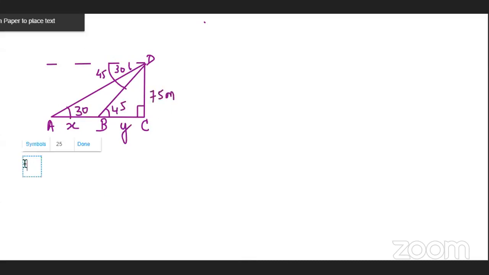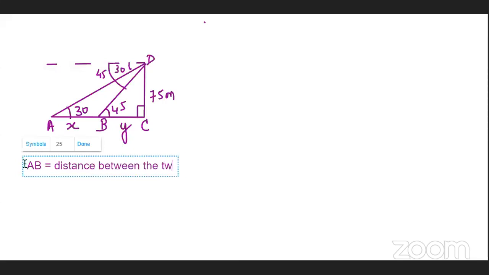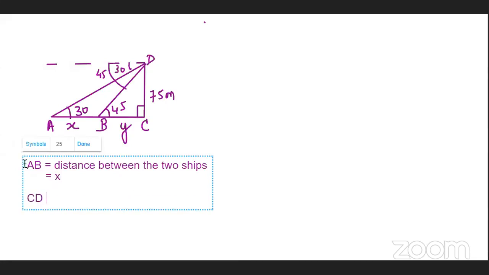Okay, so now again, I'm going to leave this as a homework question. Let me mention it. The distance between the two ships is equal to x, and DC is the height of the lighthouse, not tower, which is 75 meters.